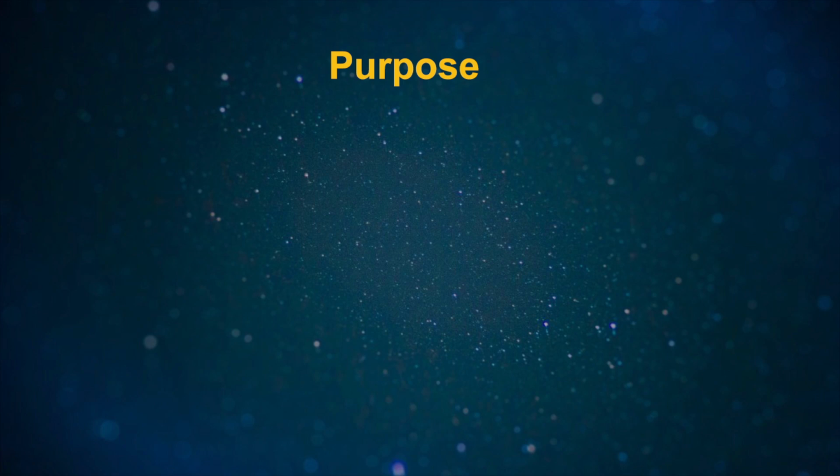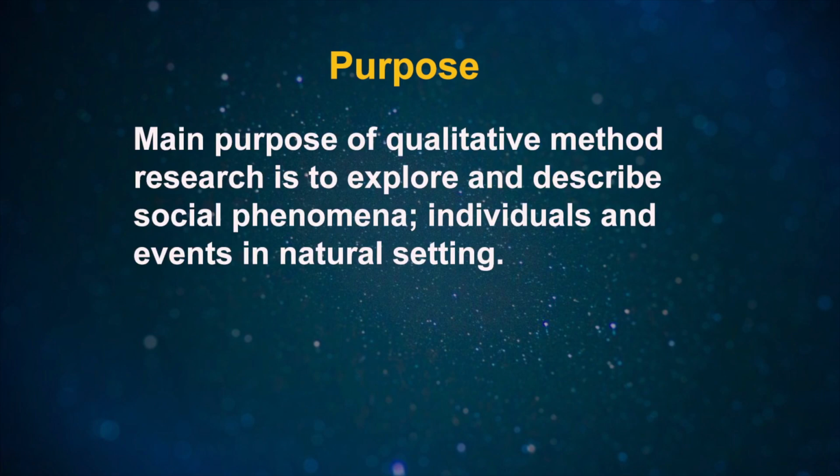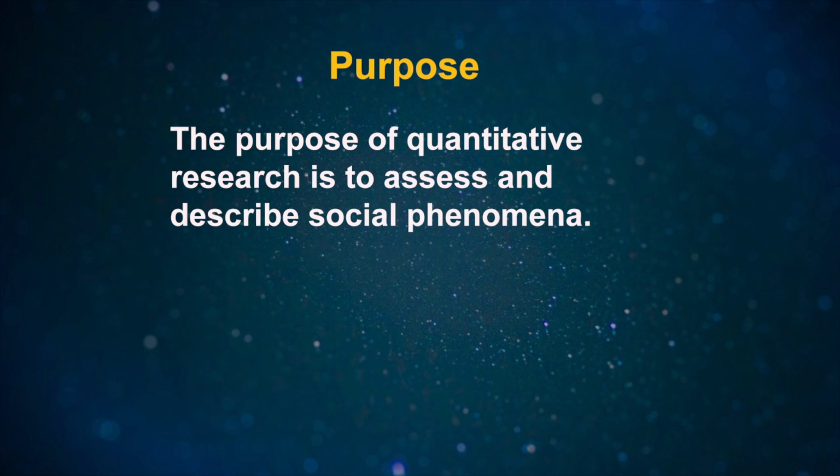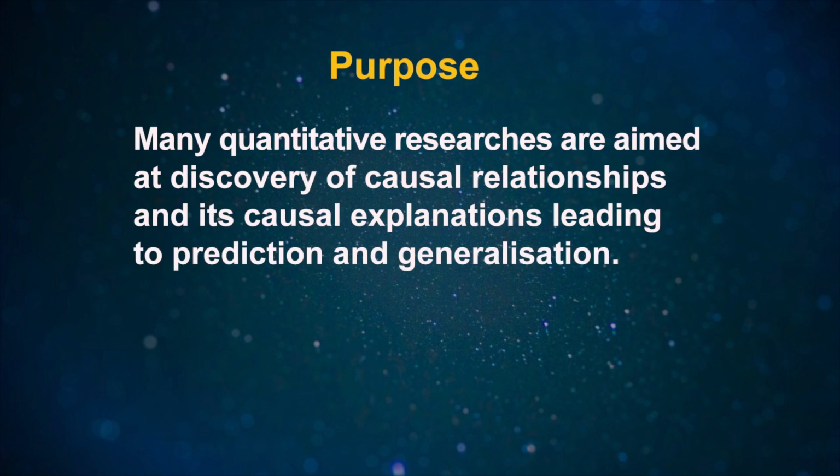Now let's look into the purpose. The main purpose of quantitative method research is to explore and describe social phenomena, individuals, and events. The purpose of quantitative research is to assess and describe social phenomena. Furthermore, many quantitative researches are aimed at discovery of causal relationships and causal explanations, leading to prediction and generalization.